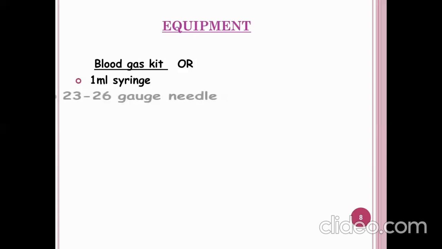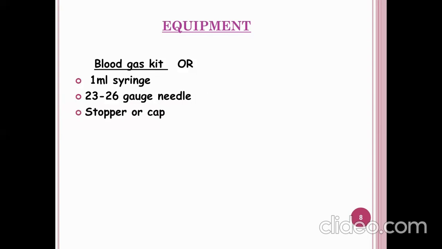So coming to the equipment, we need in our kit for the ABG a 1 ml syringe, and a 23 to 26 gauge needle. You must remember the gauge of needle is 23 to 26.